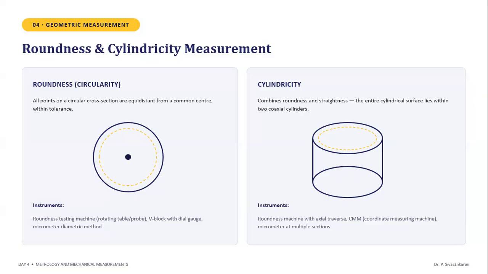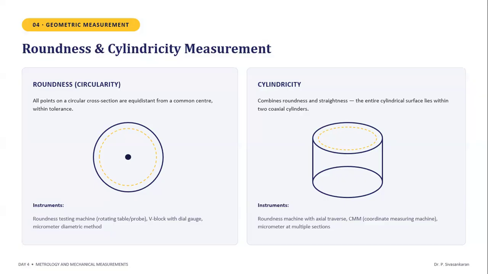Cylindricity is a more comprehensive geometric requirement. It combines the concepts of roundness and straightness, ensuring that the complete cylindrical surface lies within the specified coaxial cylindrical tolerance zone. Measurement can be carried out using a roundness machine with axial traverse, a coordinate measuring machine, or micrometer measurements at multiple sections.